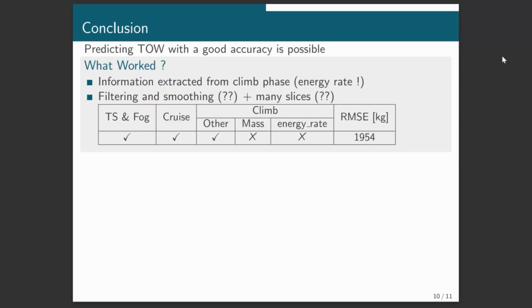And there are also some ingredients in the recipe, because if you took all the variables minus the special ones, you get also a good score. So maybe there are some things that we are doing right. Maybe the filtering and smoothing, maybe the slices thing. I don't know yet.